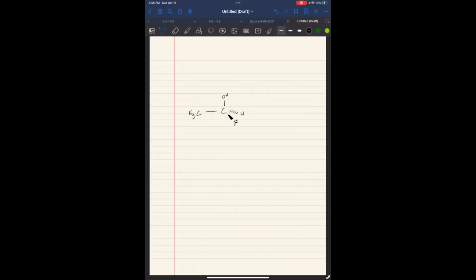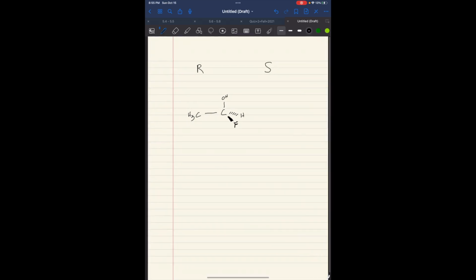All right, guys, so we're going to start off by explaining how to assign stereocenters of molecules, right? You can either be an R or an S for a stereocenter. But to do this, you first need to have a chiral stereocenter. So what does it mean to be a chiral center?